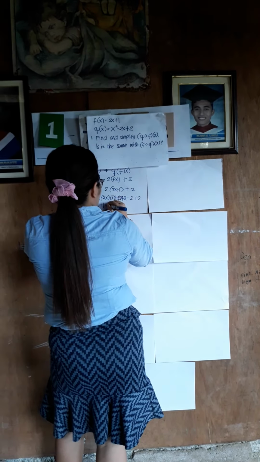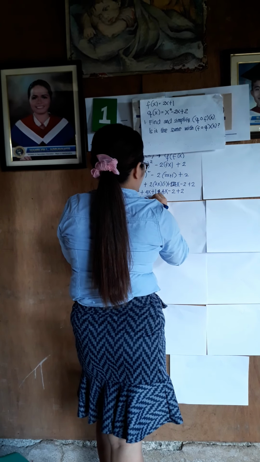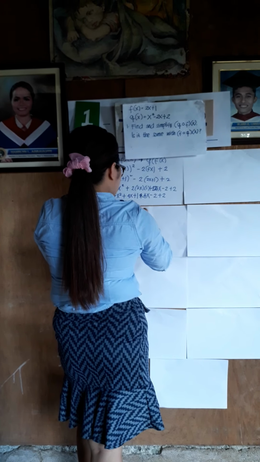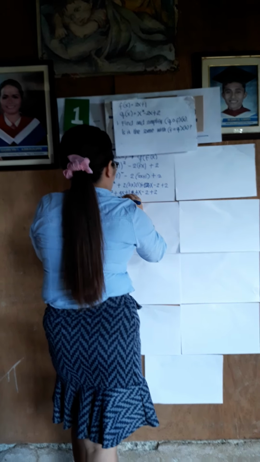Simplify. The 2x terms cancel out, and the minus 2 and plus 2 cancel out. The remaining is only x squared plus 1.